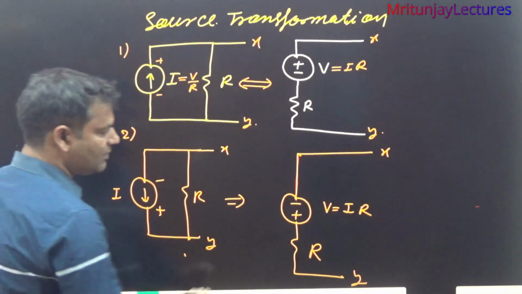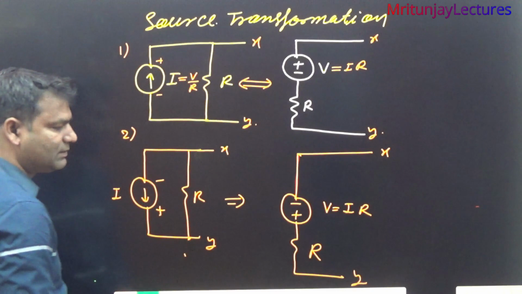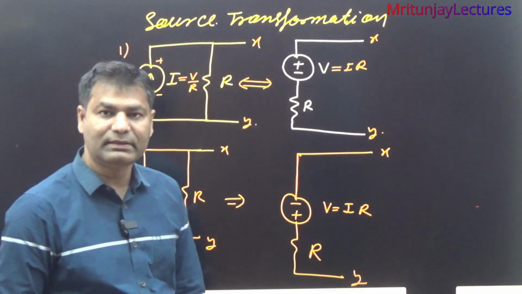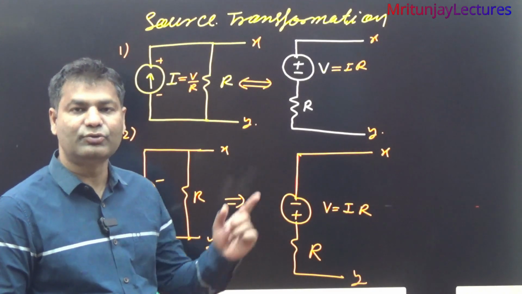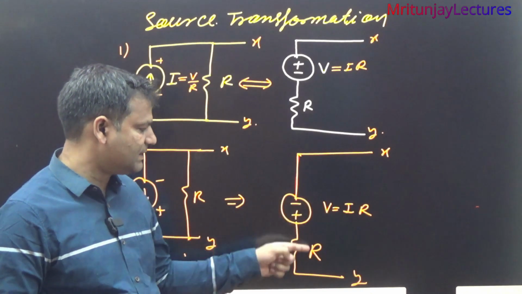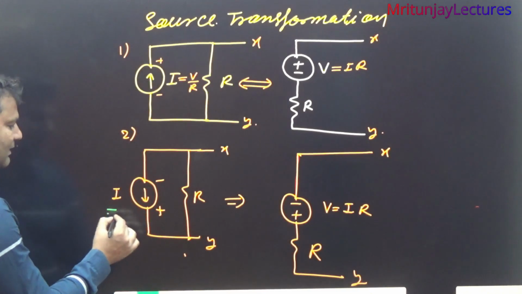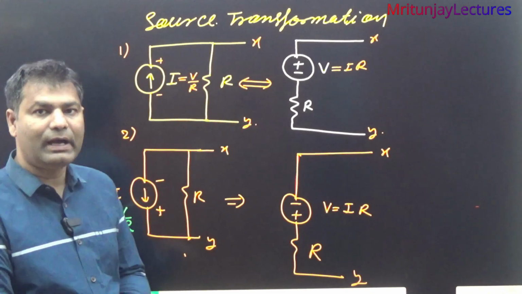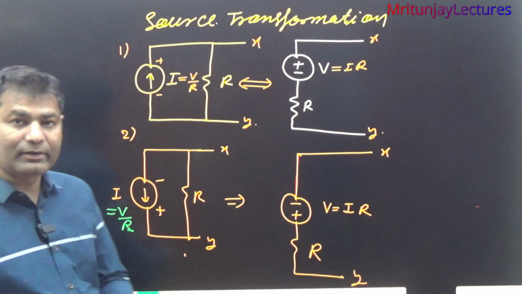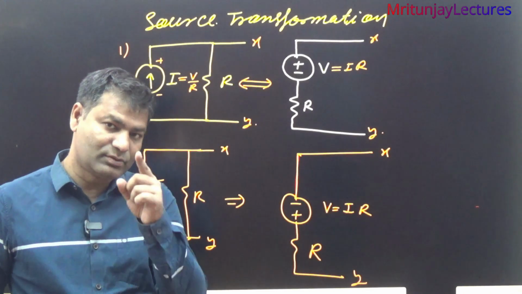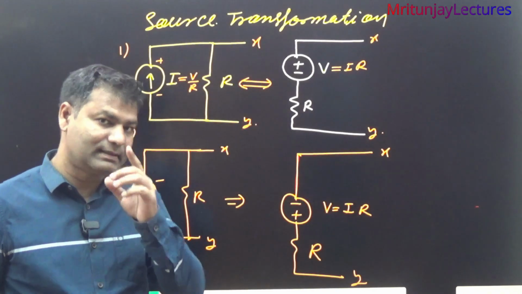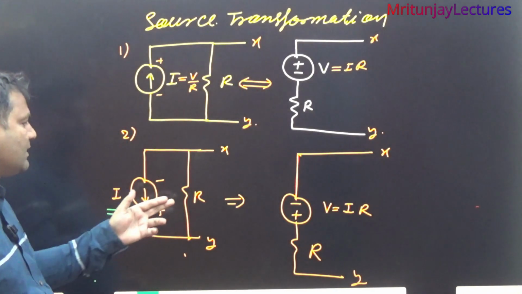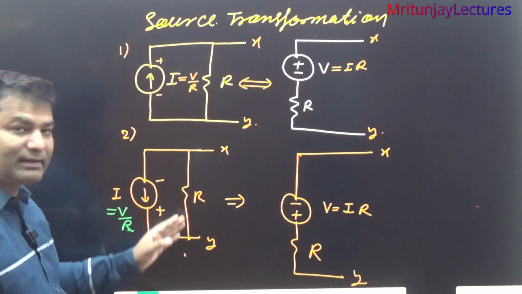Otherwise, suppose in the question V and R are given like that, then what about I? Basically I is equal to V by R. Always write V by R. After that, the resistance is connected in parallel.